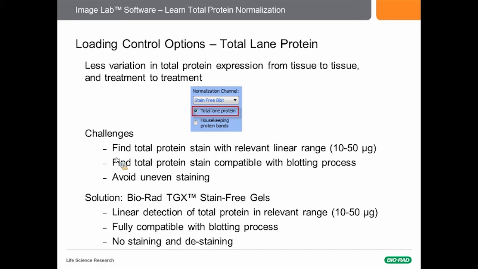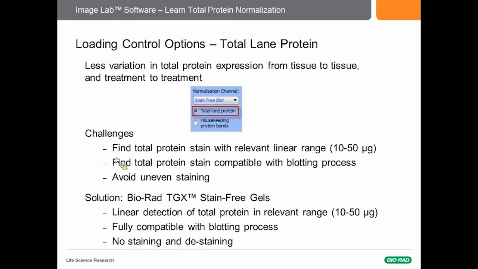Second, using a total protein stain requires that it be compatible with the chemiluminescent blotting process. For example, Coomassie is not compatible with subsequent chemiluminescent blotting on the same blot, and so it requires that you run 2 parallel blots for each experiment, which isn't ideal.